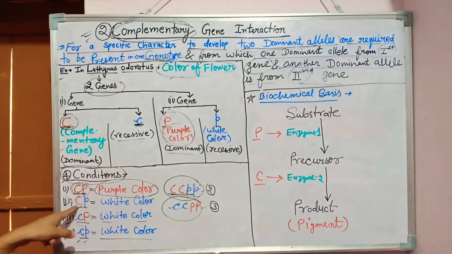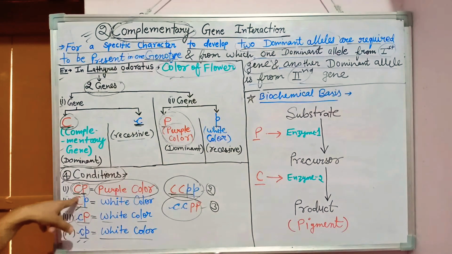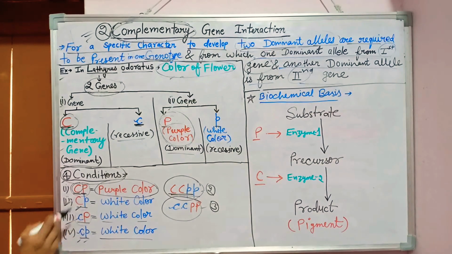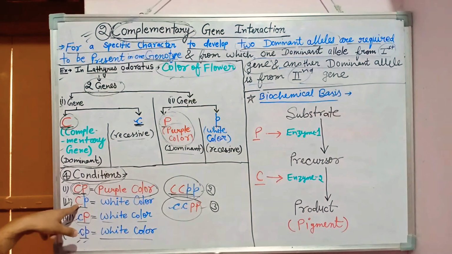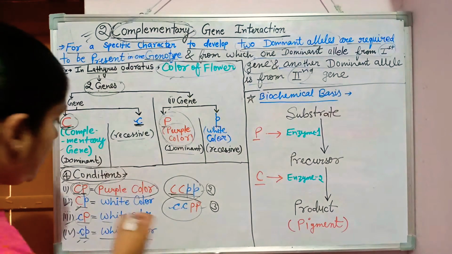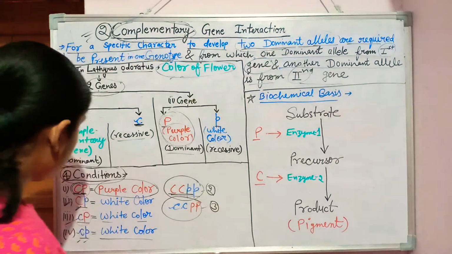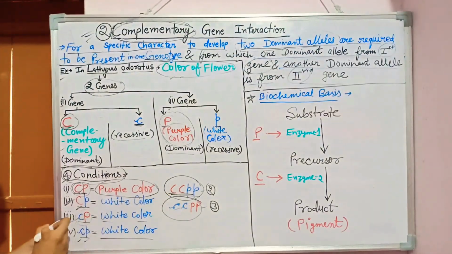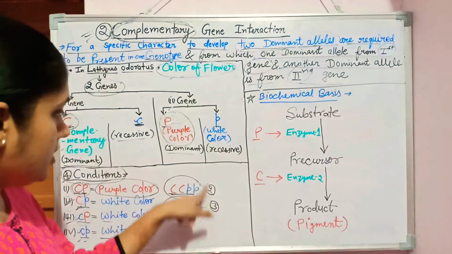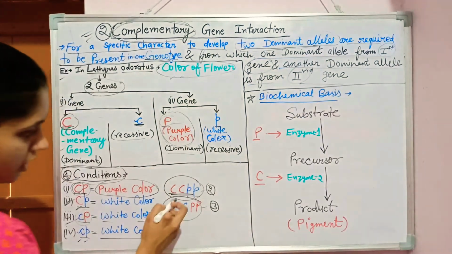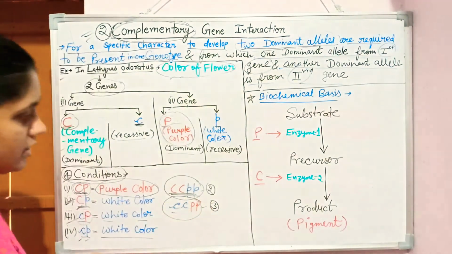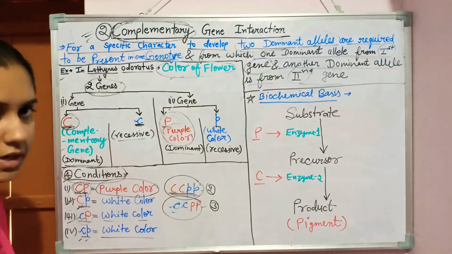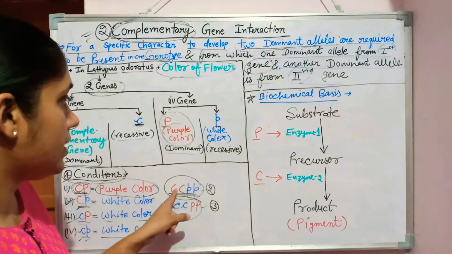And if only one dominant allele is present, either this or this, we can elaborate to understand. This is the second one, and this is the third one. In this first genotype, you can see two dominant alleles are present, so the flower must be purple in color.